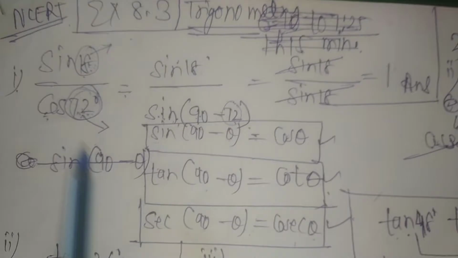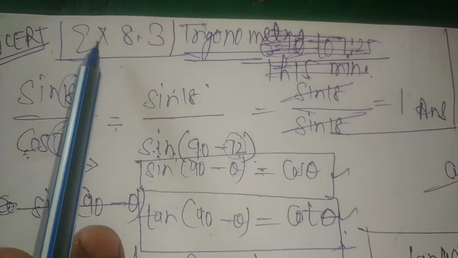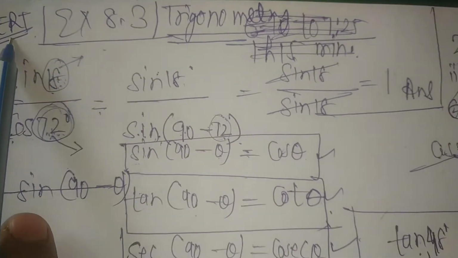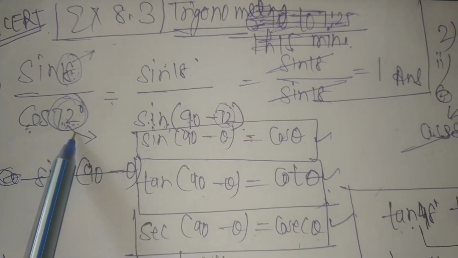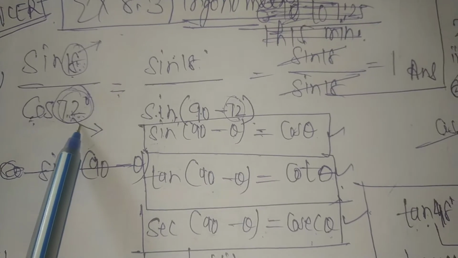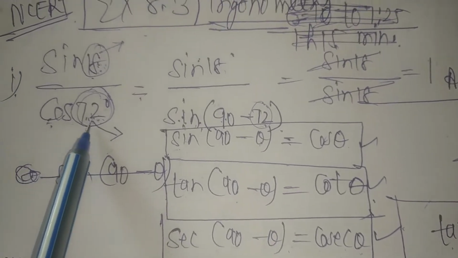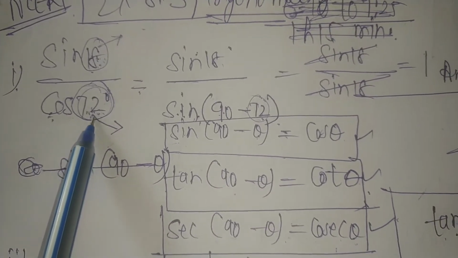So we will come to question number 1 of exercise 8.3, strictly NCERT. We are doing trigonometry. sin 18 degrees upon cos 72 degrees. Try to solve, put the value of the larger angle.